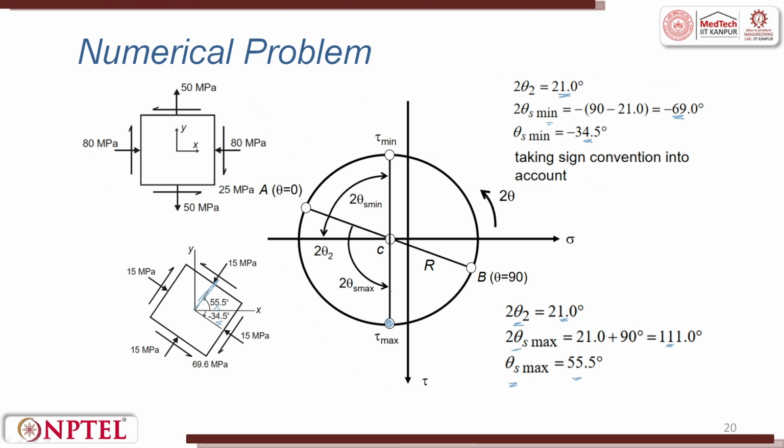So, this is tau max, this is tau min and this is the center C average. Here we had A, B, which is the radius. Here we have 2 theta s min and 2 theta s max. We have found out what is 2 theta, theta min and theta max. Theta min will be minus 34.5, theta max will be 55.5.